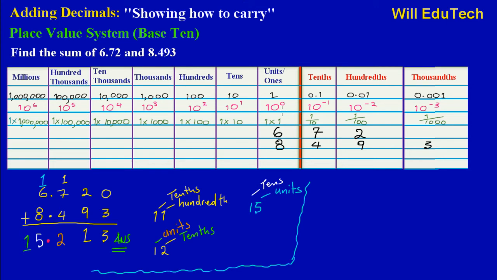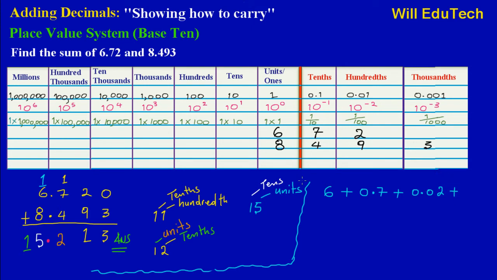So here I'm saying 6 times the ones because it's in the ones column, and that would give me a 6. Then I'm adding to that: I have a 7 in my tenths column, so 7 multiplied by 0.1, the place value of that column, gives 0.7. Then I have a 2 in my hundredths column, so multiplying the 2 by its place value gives 0.02.